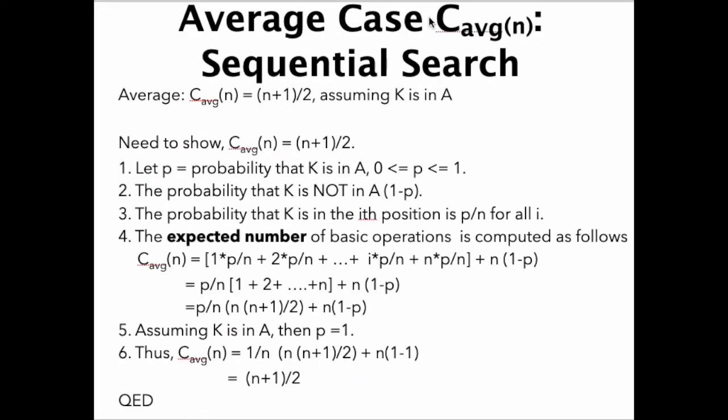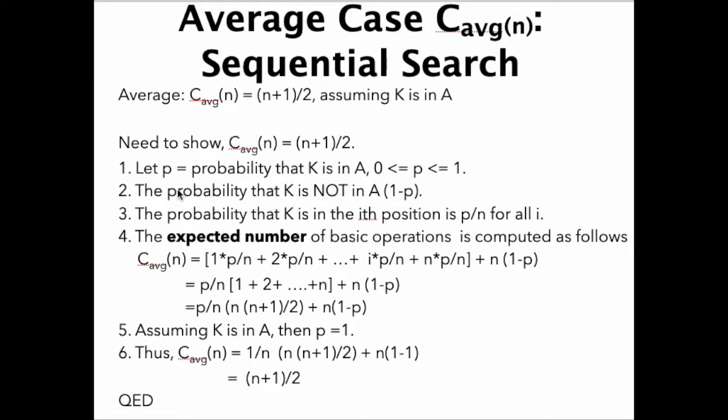For the average case analysis of the sequential search algorithm, assuming that k is in A, the average number of key comparison is n plus 1 over 2. And the proof for showing this is as follows. Okay, so we let P be equal to the probability that K is in A. So since this is a probability, the value for P is from 0 to 1.